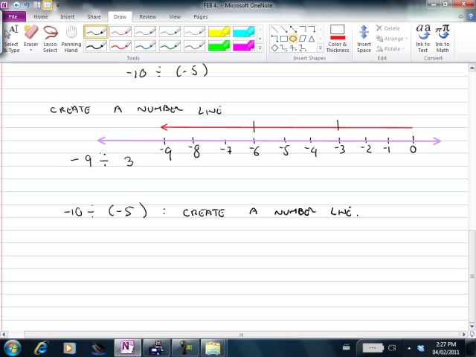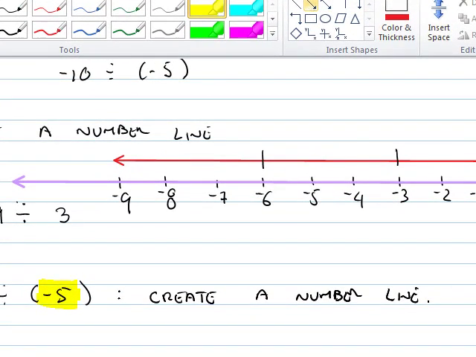Now, there's a little twist to this. So I want you to highlight this because this is a tricky one. Highlight this negative 5 for a second for me, please. Okay? That's a negative 5. There's going to be a big twist to this question, and I'm going to show you the twist.